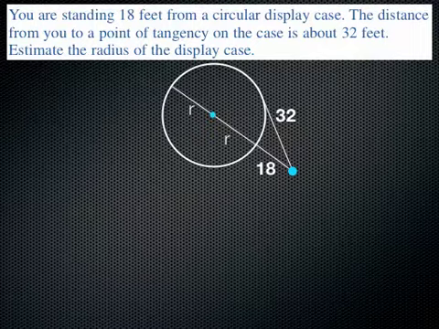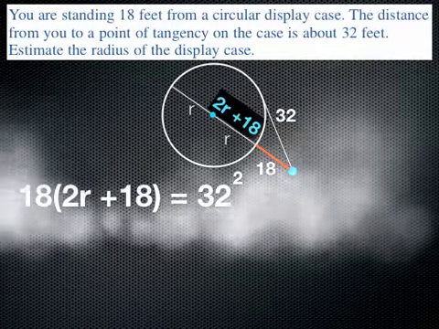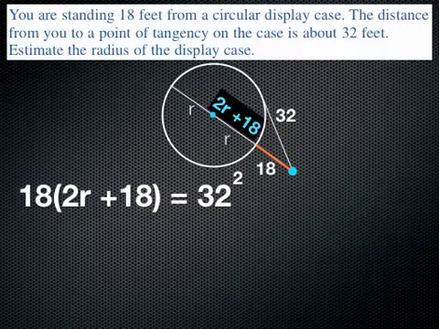This secant segment and this tangent segment are intersecting at the point where I am standing. So my full secant segment is 2R plus 18, my external secant segment is 18, and my tangent segment is 32. I can say 18, the external secant segment, times 2R plus 18, the whole secant segment, equals 32 squared, my tangent segment.